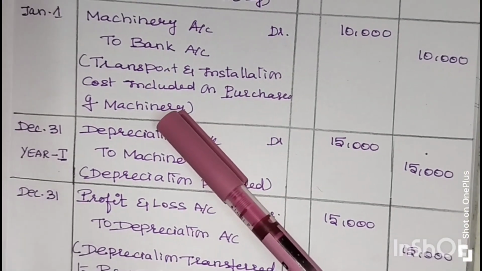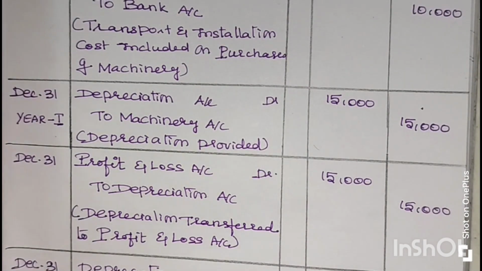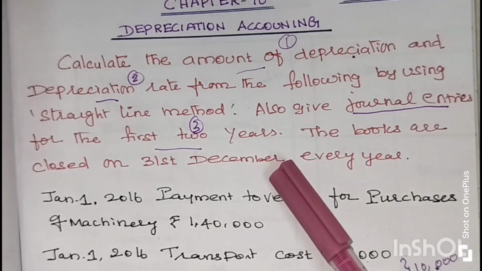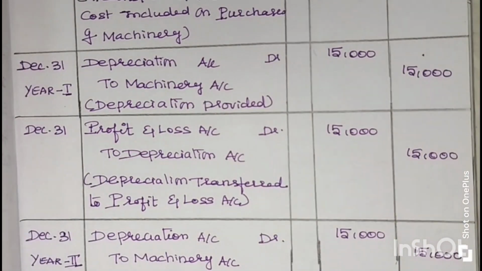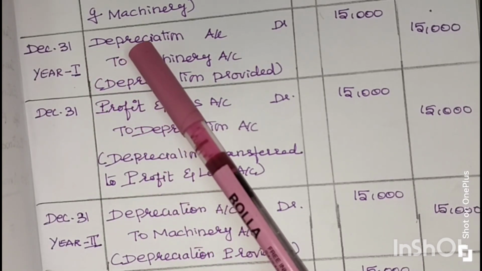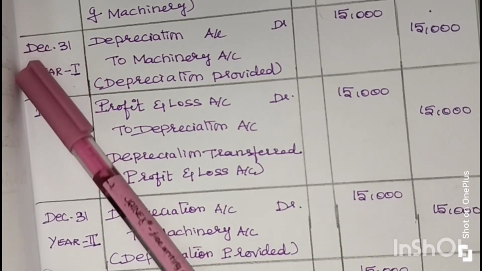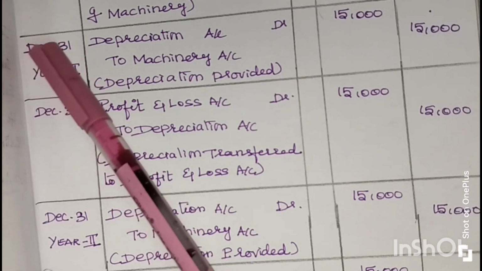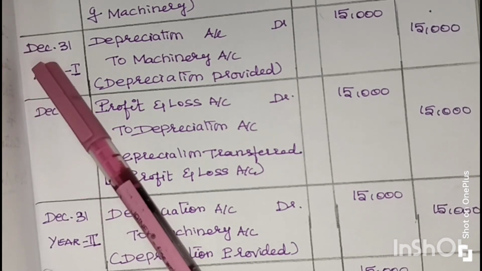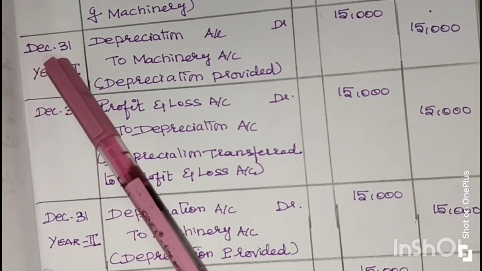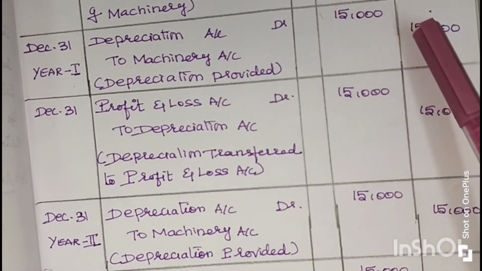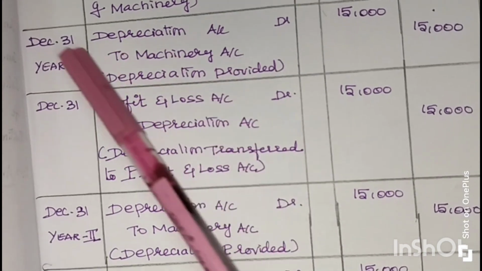Every year the closing date is also given: the accounts are to be closed on 31st December every year. A company provides depreciation at the end of every year. So the date is 31st December 2016. The depreciation journal entry is depreciation account debit to machinery account 15,000, depreciation provided for the first year.